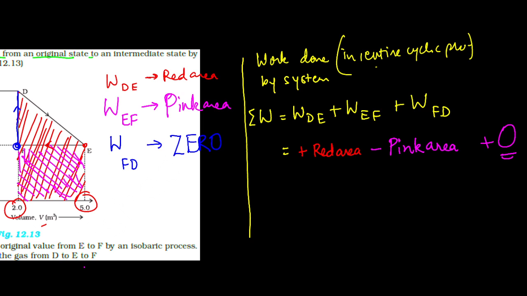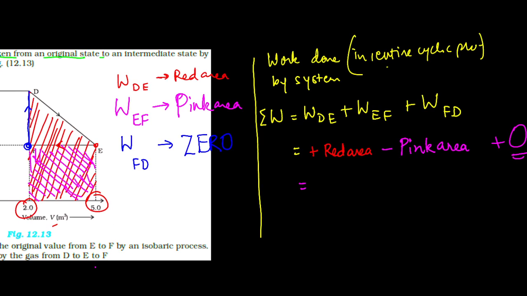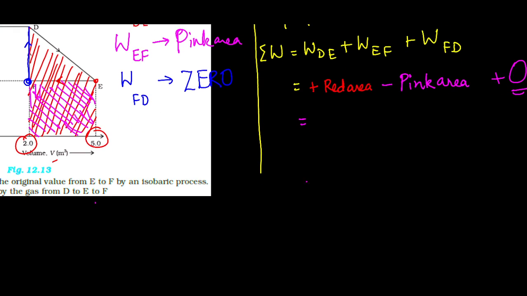So this allows us to make a very nice observation. Look at the picture. Draw it once again. The picture is as follows. This is the red area, the trapezium. From that you are going to subtract the pink area, which is this rectangle here.